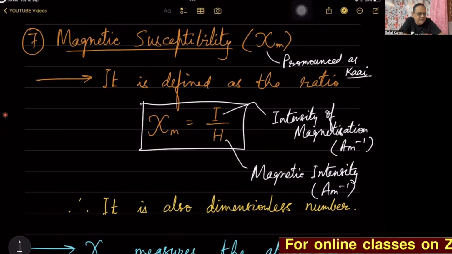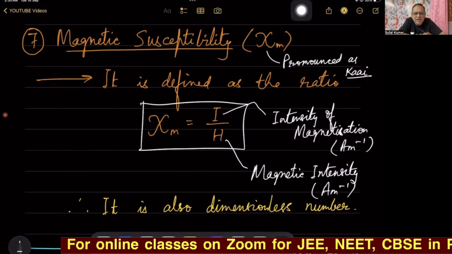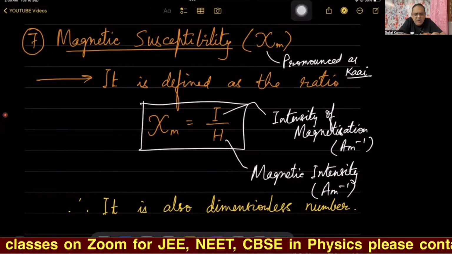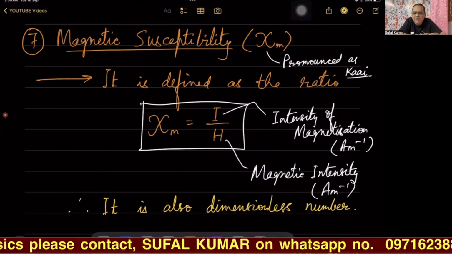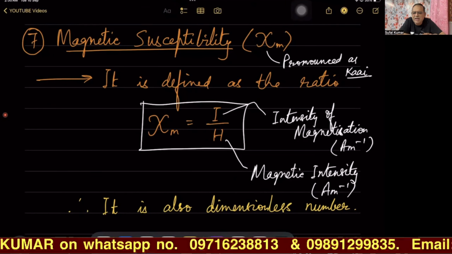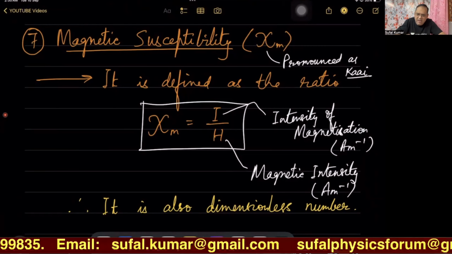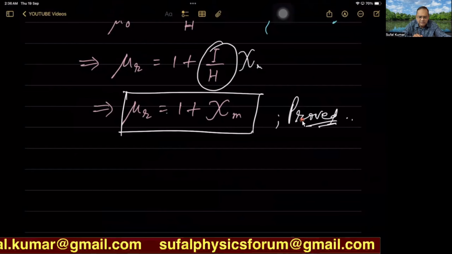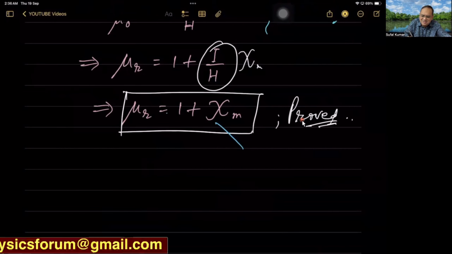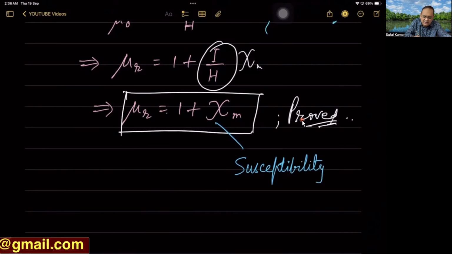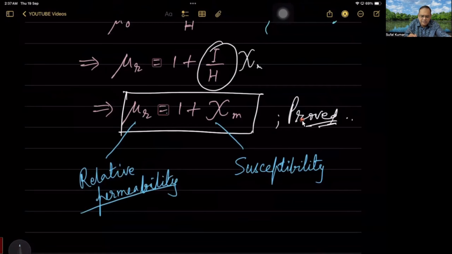Then afterwards we'll be having, as far as I remember, Curie law, hysteresis curve, and comparison of steel and soft iron core. That's all, that much is left. This is the relation between magnetic susceptibility and relative permeability.